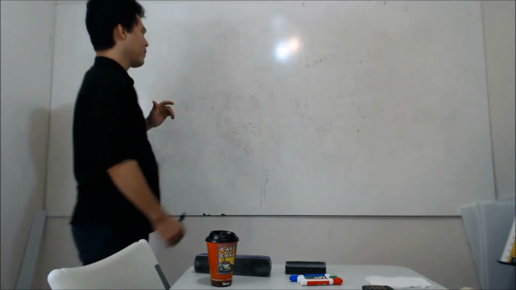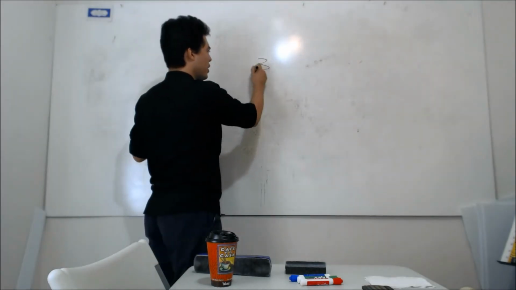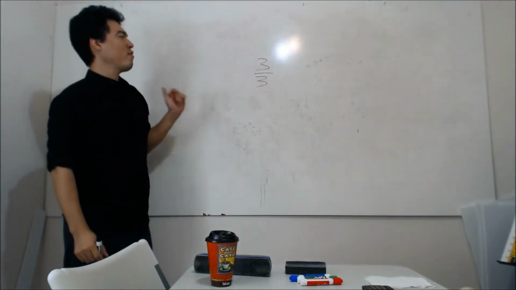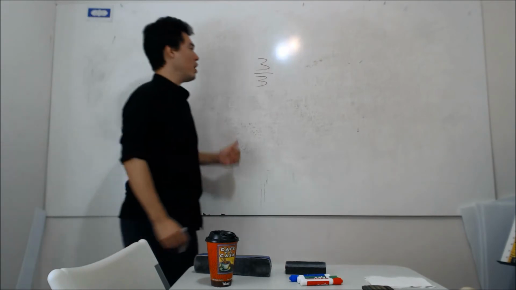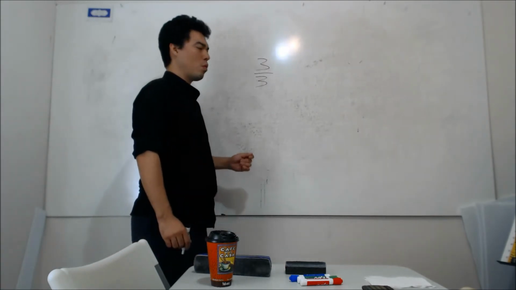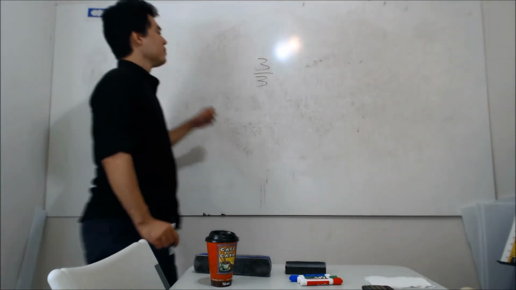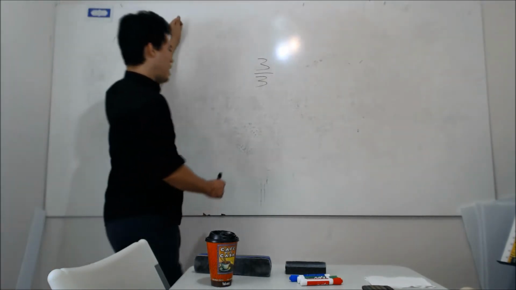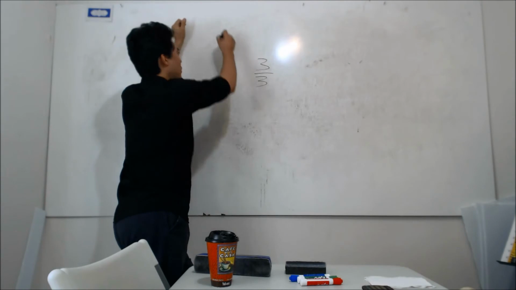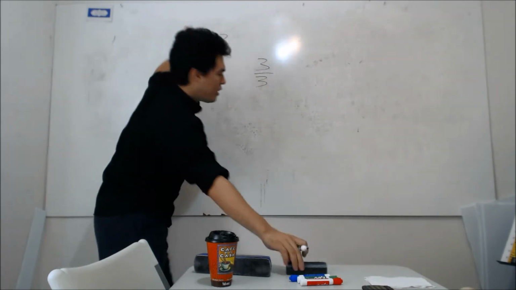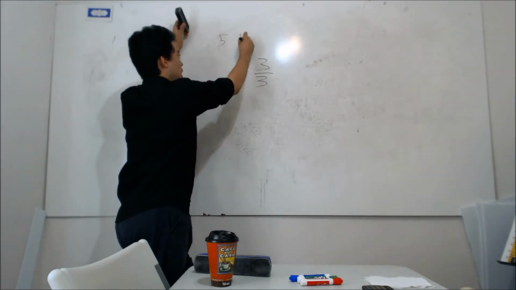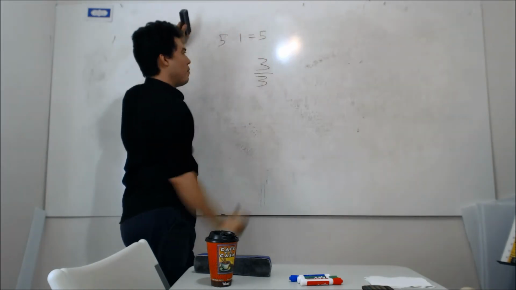So like we said earlier, a fraction 3 divided by 3, or 4 divided by 4, or 5 over 5, they're all equal to what? 1. So check this out. If I multiply 5 times 1, I get 5. Same number.